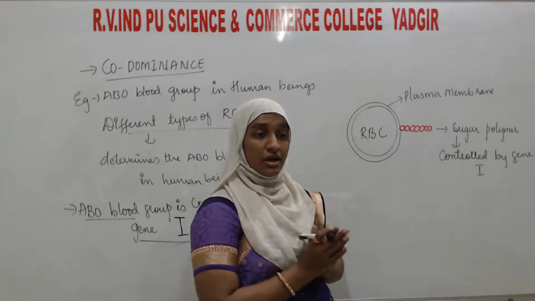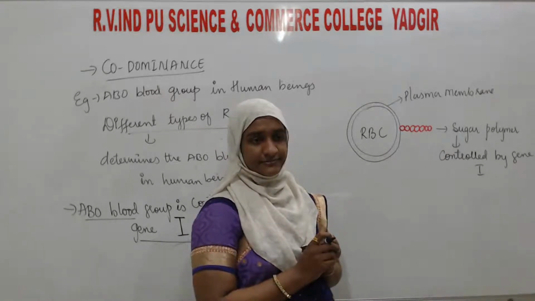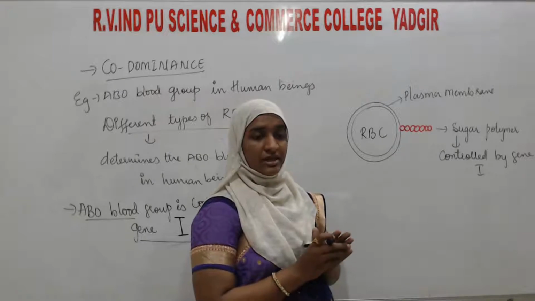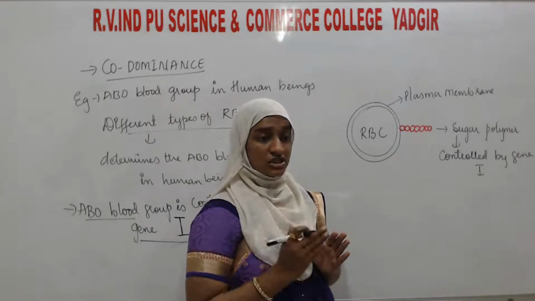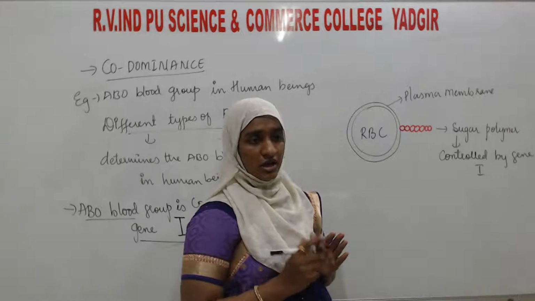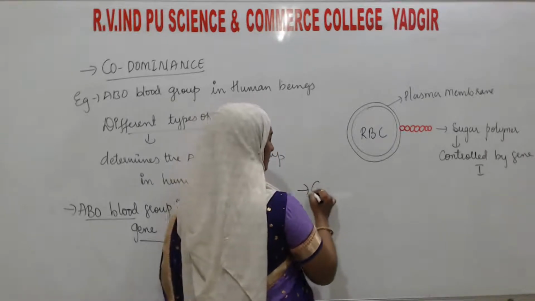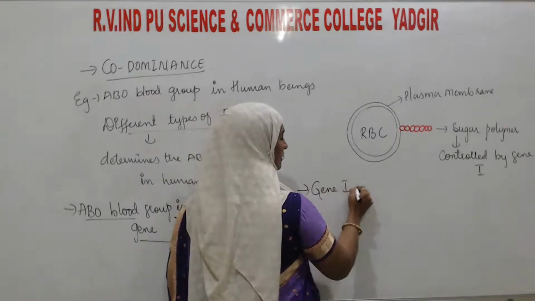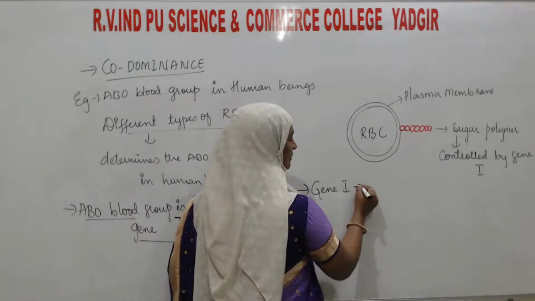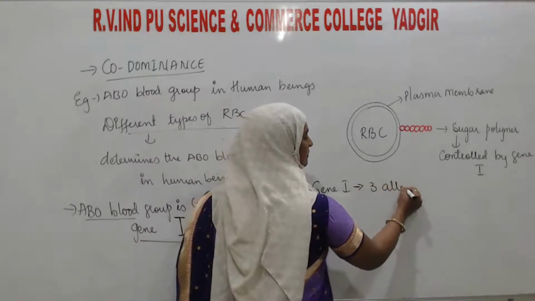And this gene I has 3 alleles. How many alleles are there? This gene I has 3 alleles.